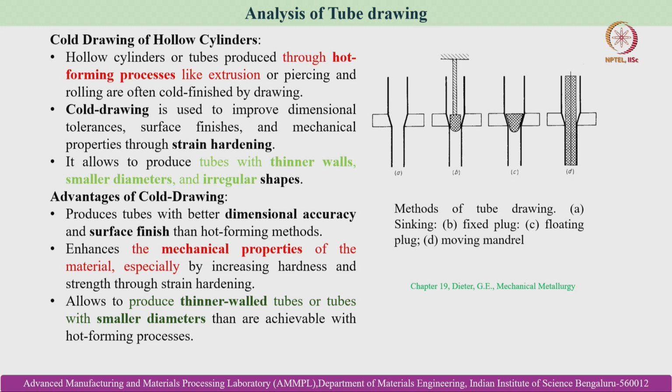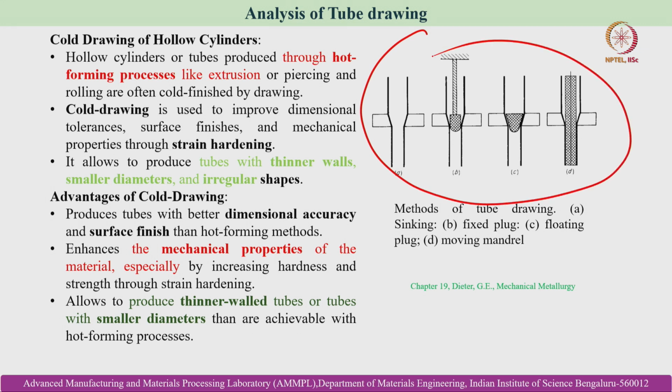So, this is a typical example of tube drawing processes. Where we are not using any mandrel to support the inner surface of the tube, it is called tube sinking.